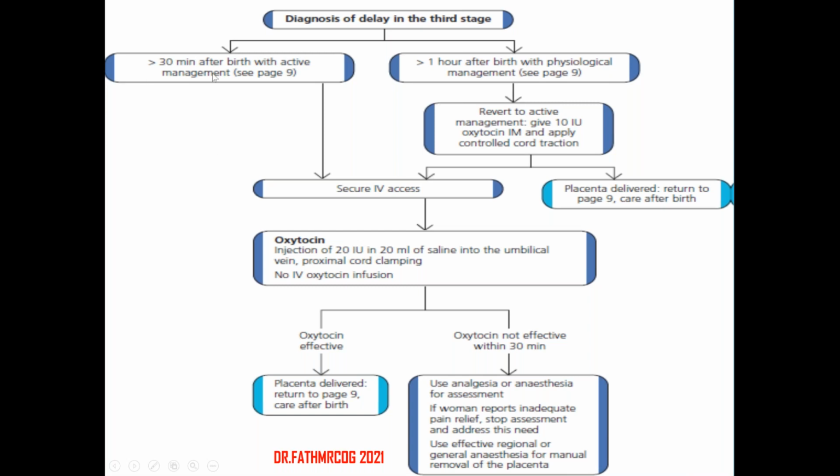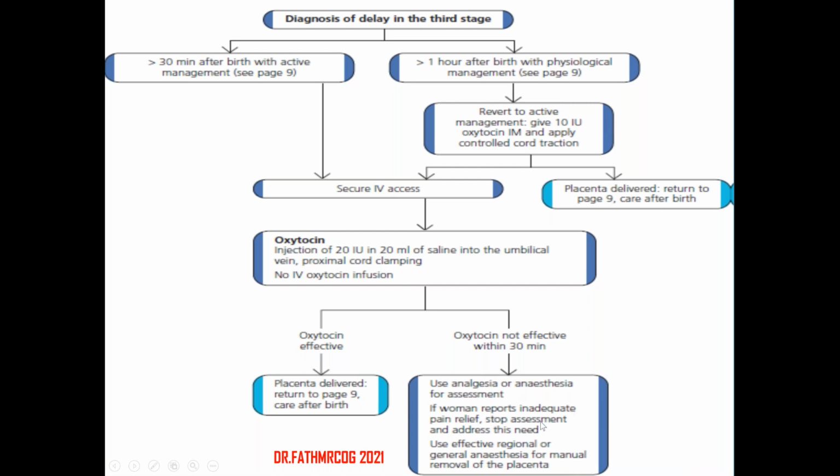So if this is active management of the third stage and the placenta is still not delivered after more than 30 minutes, you should secure IV access and give her oxytocin. If this oxytocin is effective and the placenta is delivered, go for the normal management. If the oxytocin is not effective within 30 minutes and the placenta is still not delivered, use analgesia or anesthesia for assessment.